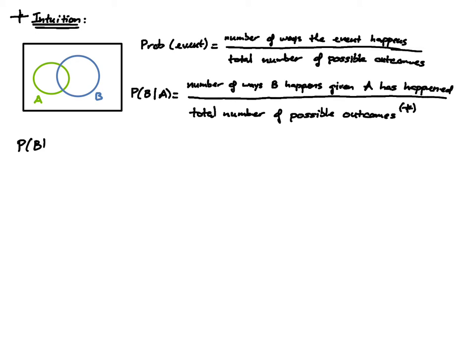So the numerator is the number of ways that B happens given that A has happened. This means that the numerator is the same as the number of ways both A and B happen.